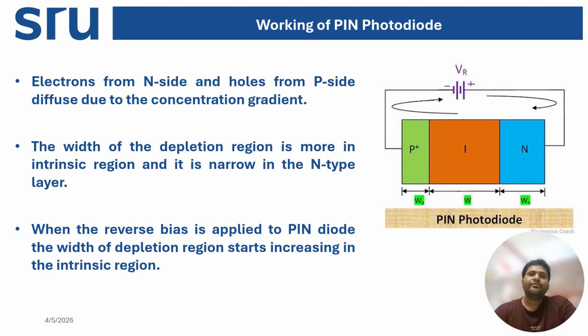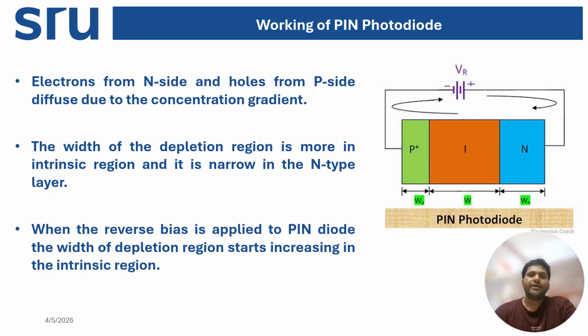Next, flow of photocurrent. How does the photocurrent flow in the PIN photodiode? The movement of electrons and holes generates a current in the external circuit, called photocurrent. It is denoted by IP.